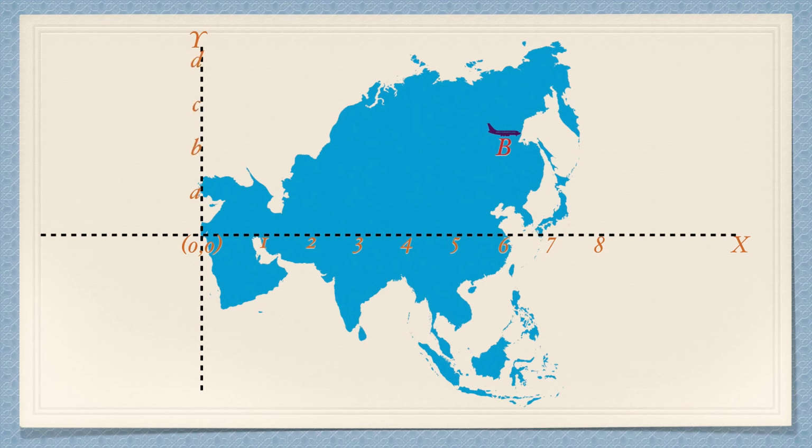From the point B, you now drop a perpendicular onto the x-axis, and from the very point itself, you drop a perpendicular onto the y-axis, which now gives you the coordinate of the position B, which is 6, B.